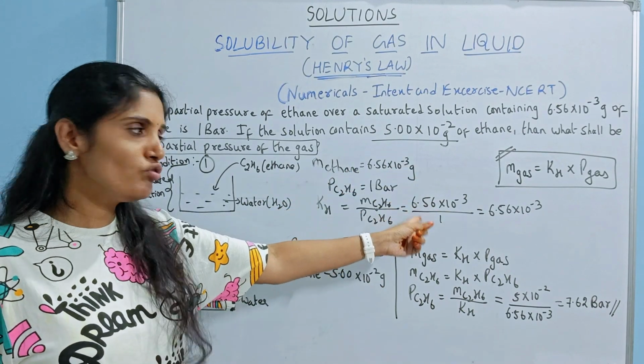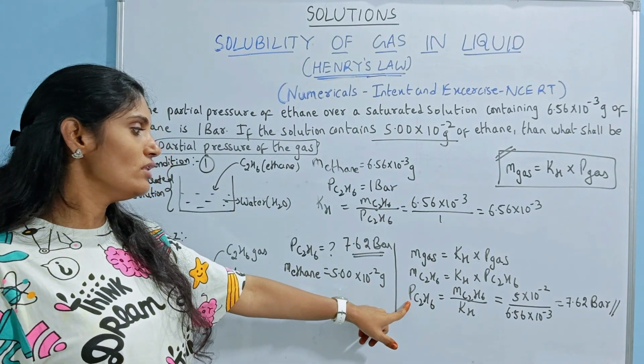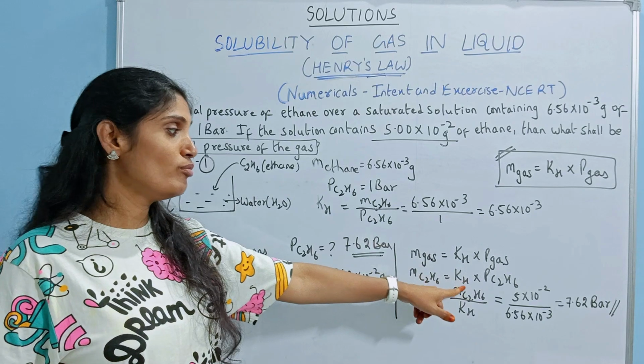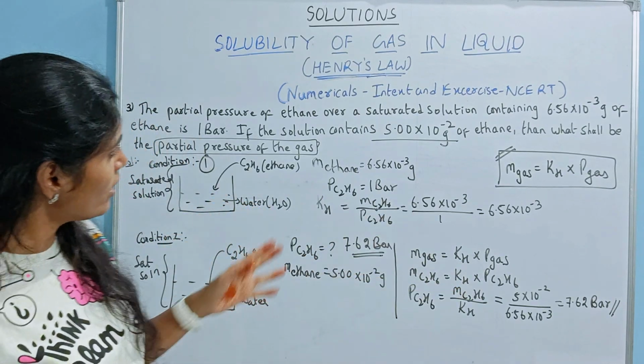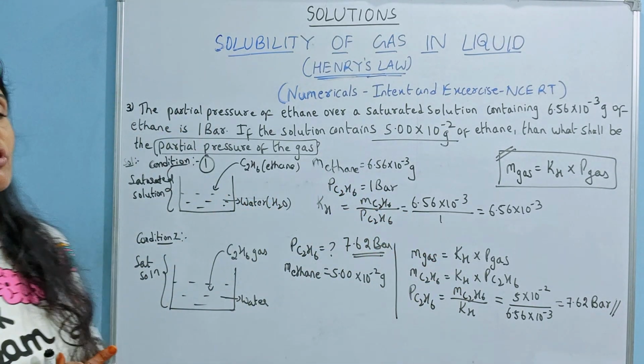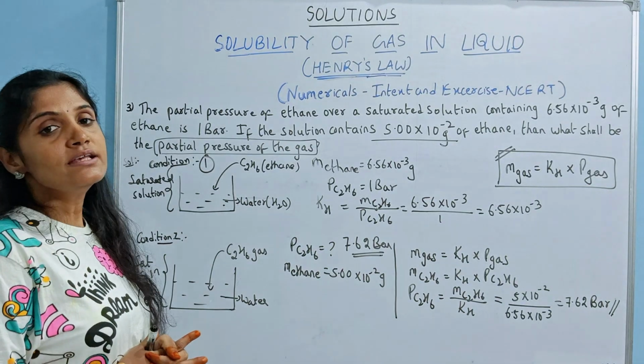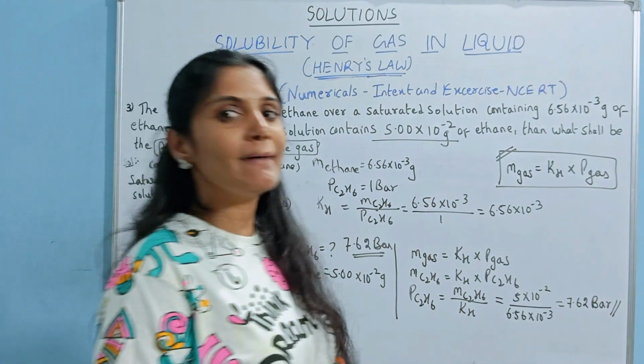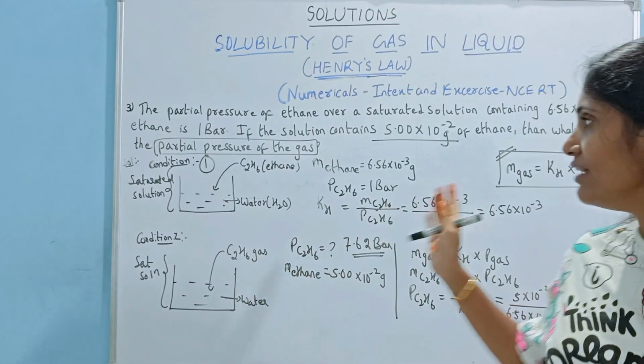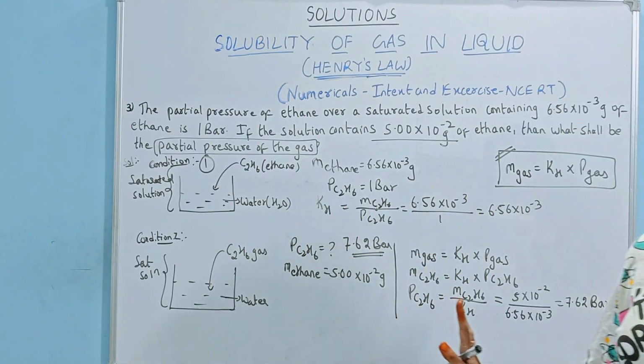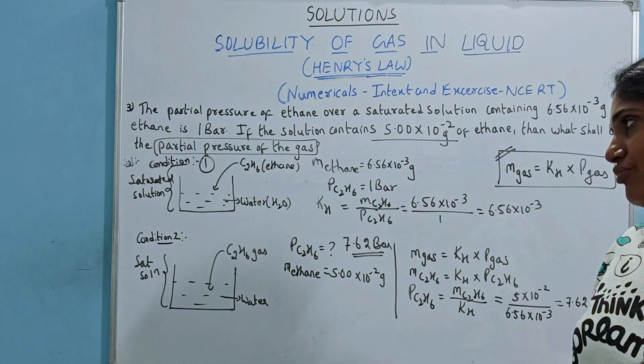So I used Henry's constant from there. The partial pressure of ethane gas is equal to mass of ethane divided by Henry's constant. When I did the calculation, I got my answer to be 7.62 bar. This is an NCERT exercise question. Hope you understood the whole process.